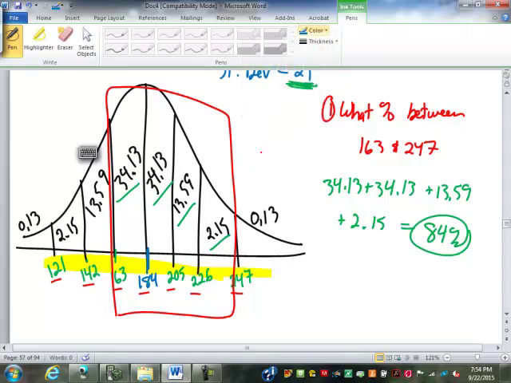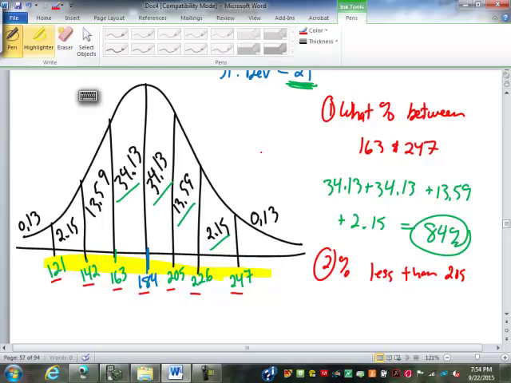If I wanted to know what percent is less than 205, here's 205. Less than that is going to be all that.